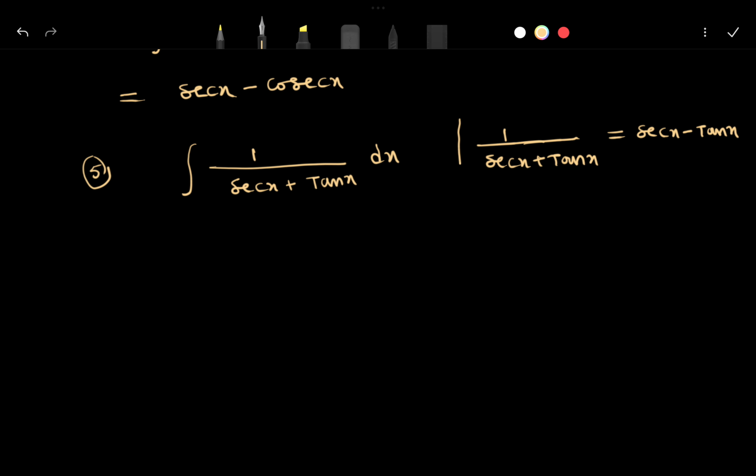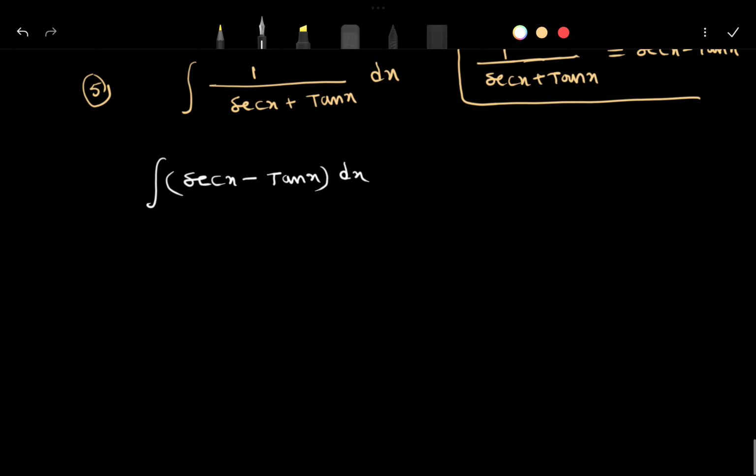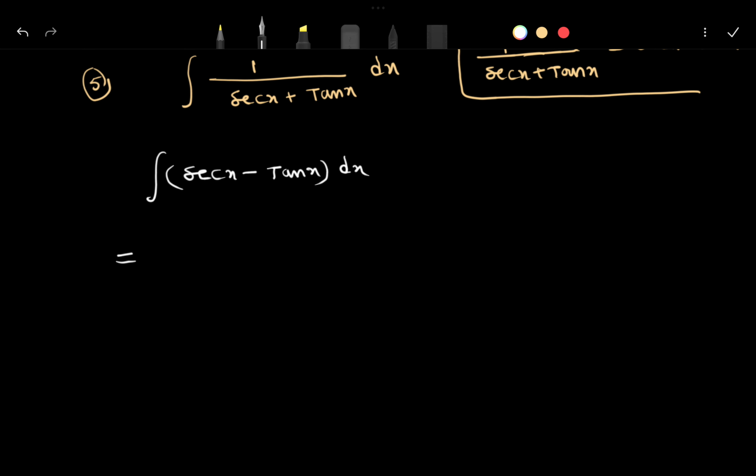According to this manipulation, you can now do this problem: it equals integration of secant x minus tan x into dx. After this, you can do this problem by different methods.